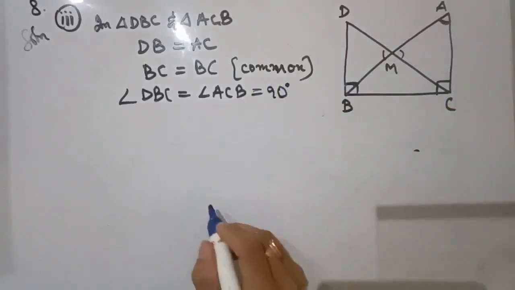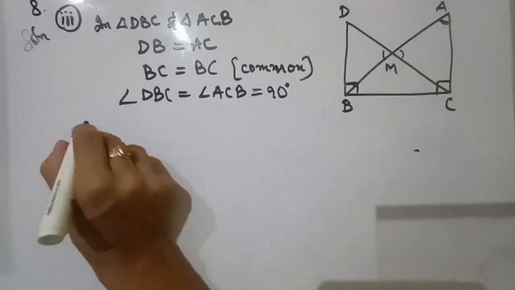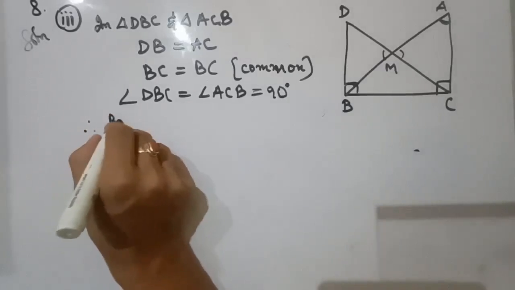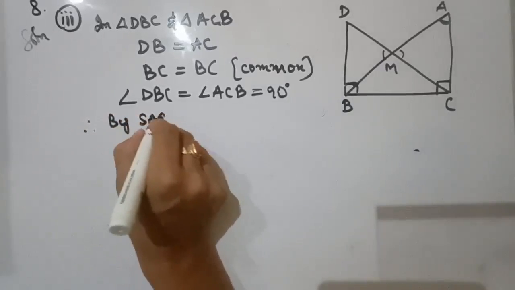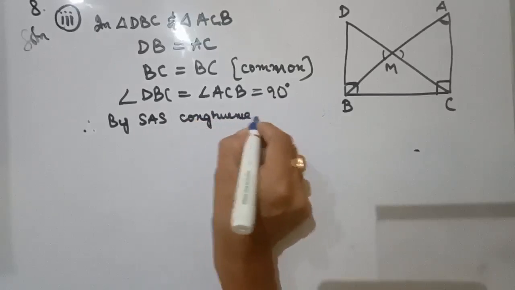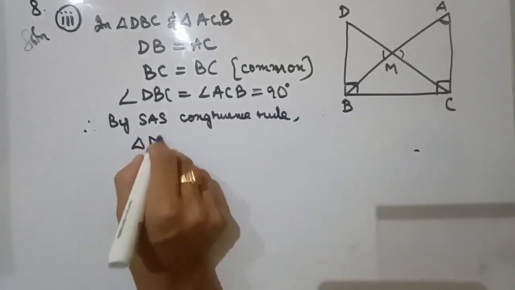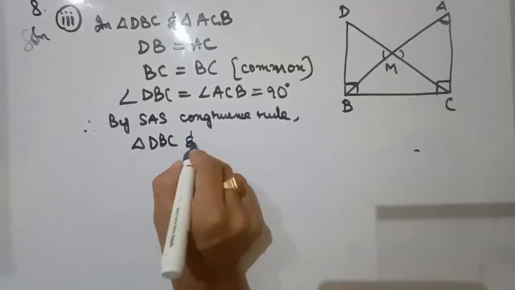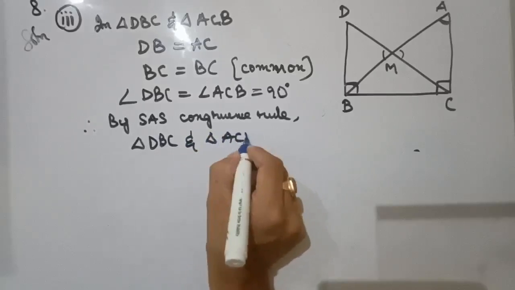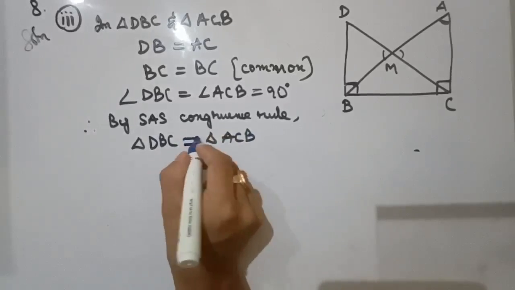In Roman number 2 we have proved that angle DBC is also 90 degrees. Therefore, by SAS congruence rule, these two triangles, that is triangle DBC and triangle ACB, are congruent to each other.